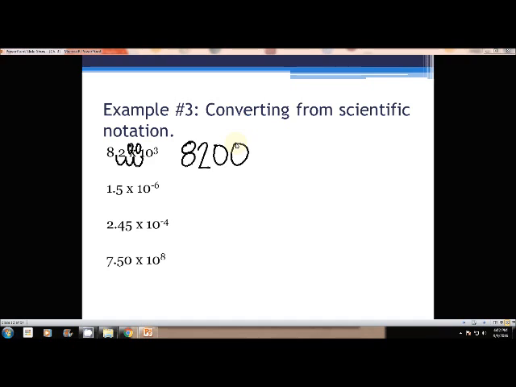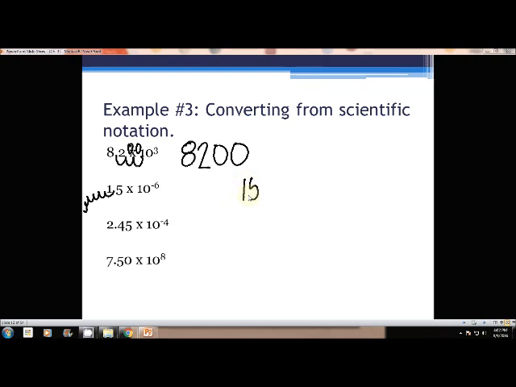Next one, 1.5 times 10 to the negative 6. We're moving it 6 times because the exponent is 6, but it's negative this time. So that means we've got to move it to the left to make it a decimal number, less than 1. So I go 1, 2, 3, 4, 5, 6. When I do these, it always works better to me if we're starting from the back.